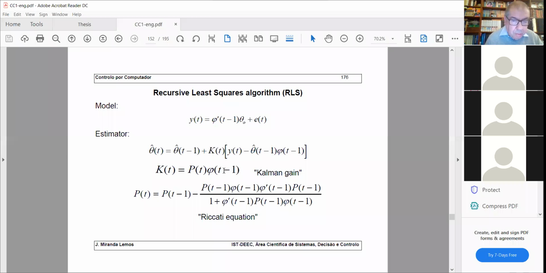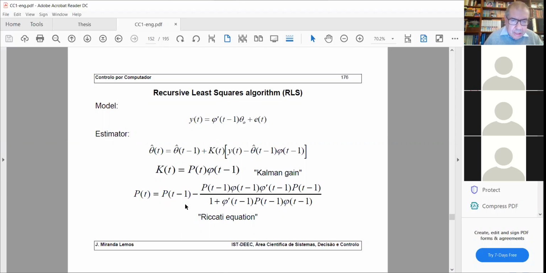Now, suppose that, well, the first thing is that you need some initial estimate. What could be an initial estimate here? Remember that P is actually proportional to the parameter estimation error covariance. Okay?